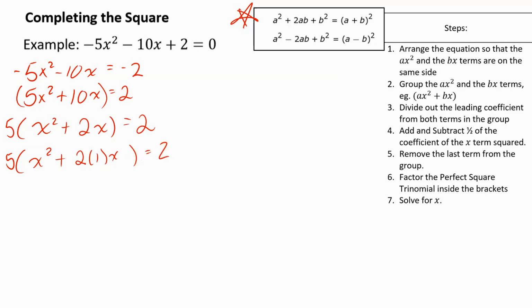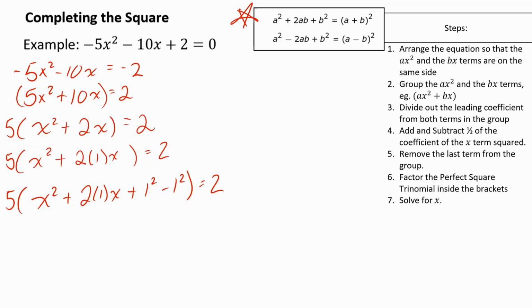So we're going to add half of this term. So we're going to add 1 squared, and we're also going to subtract 1 squared.